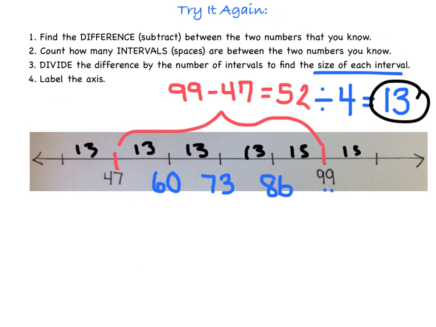And then 99 plus 13 is 112. Notice I went all the way to my last tick mark here. Make sure you do the same. And I have to go back and make sure I get this guy over on the left. So I have to do 47 minus 13 to find out my first number was 34.